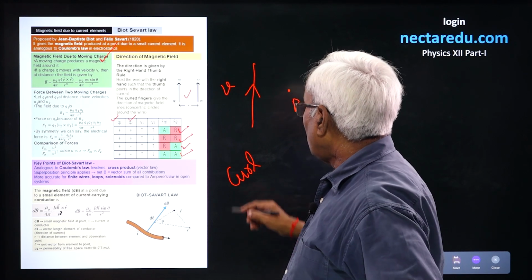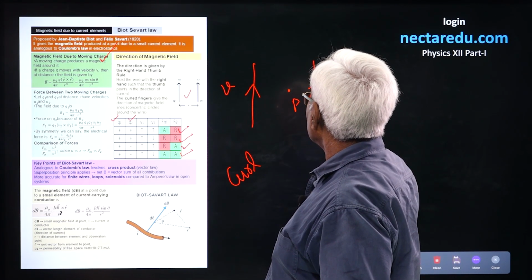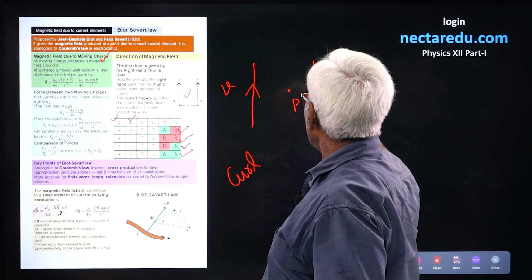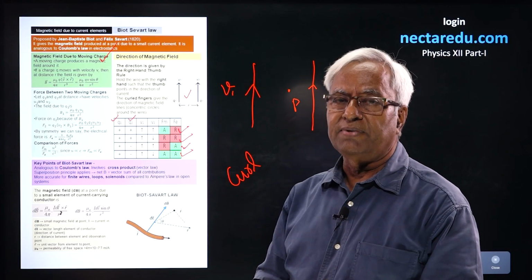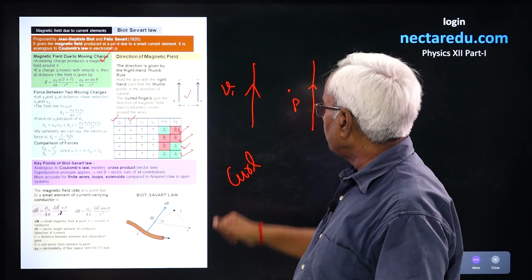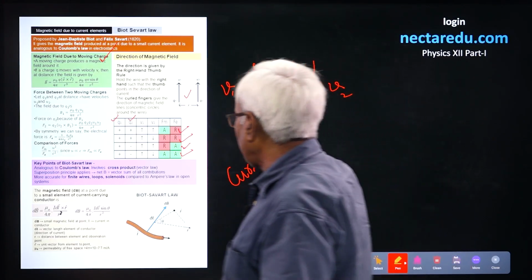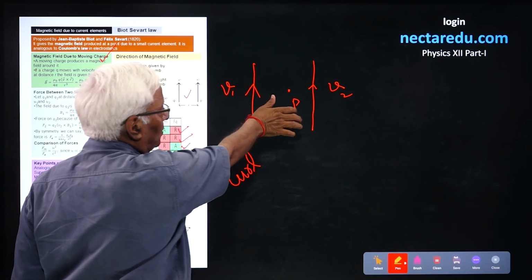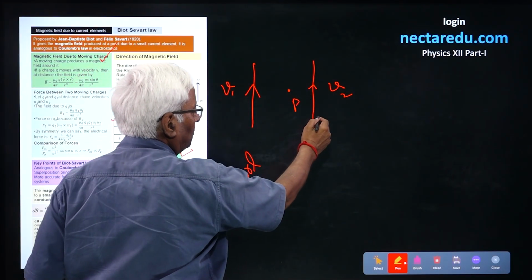Then on the basis of that, you have two charges, and both have velocities v1, v2 in the same direction. With the help of the first one, the field at the second is going to be normally inward by the right hand curl rule.